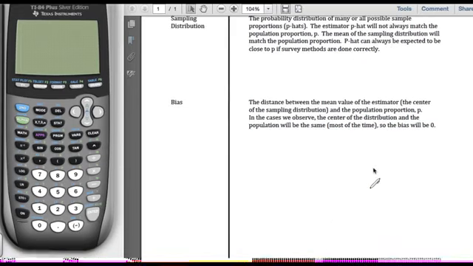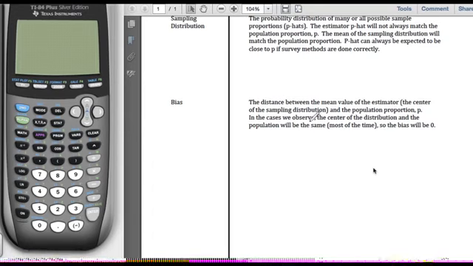as it's noted below. The distance between the mean value of the estimator, the center of the sampling distribution, and the population proportion p will give us the bias mathematically. So you just subtract the center of the sampling distribution and the population proportion p.